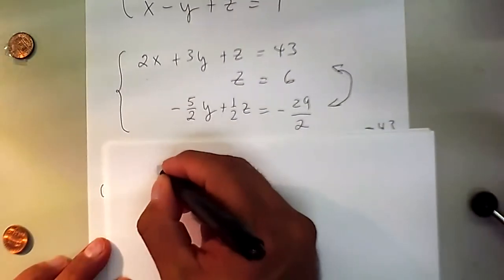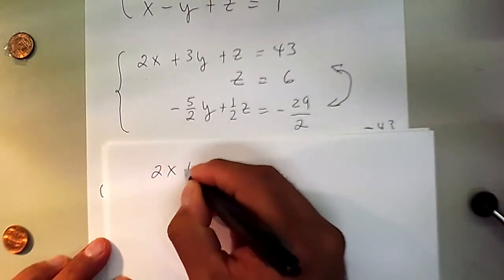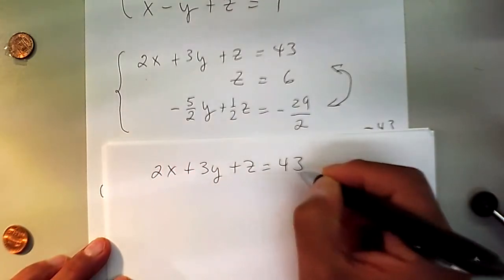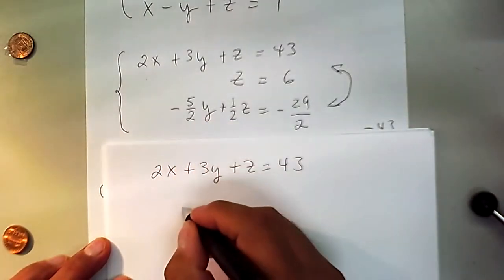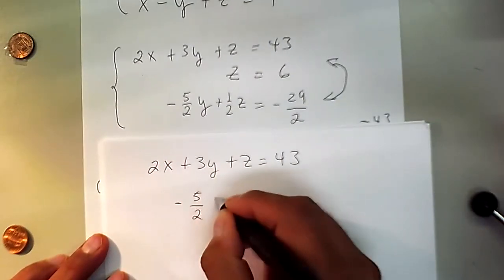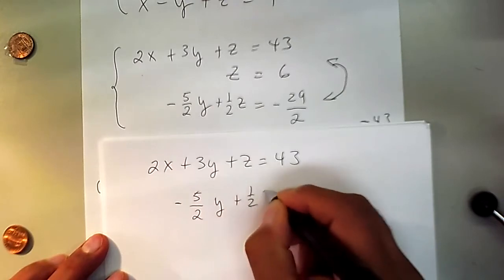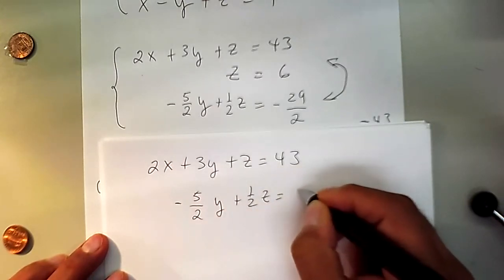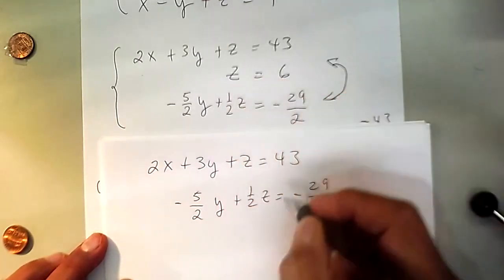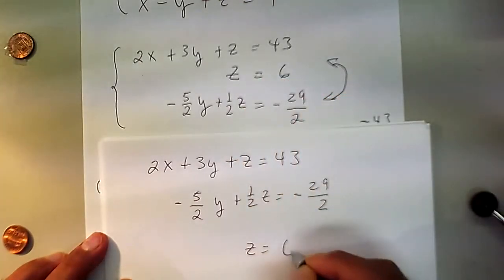All right, so 2x plus 3y plus z equals 43. This one is going to occur second, opposite of 5/2 y plus a half z equals opposite of 29/2, and then z equals 6 last.